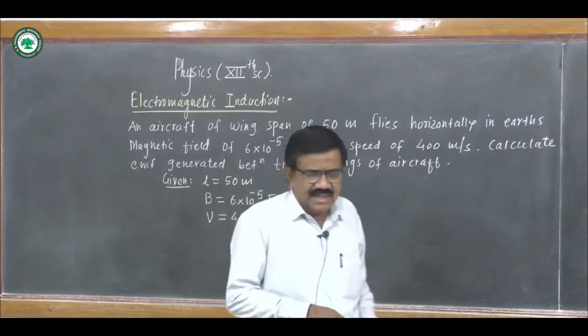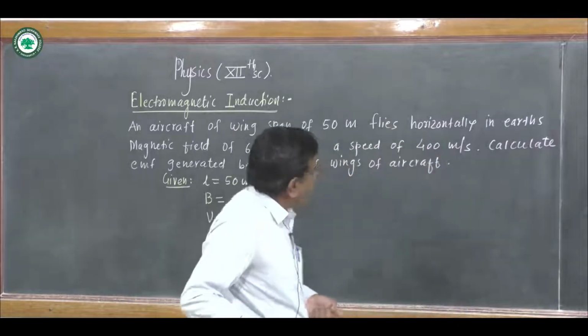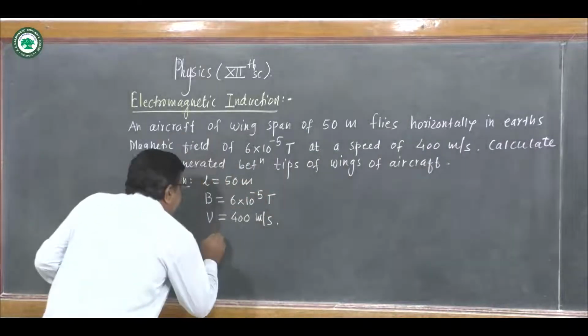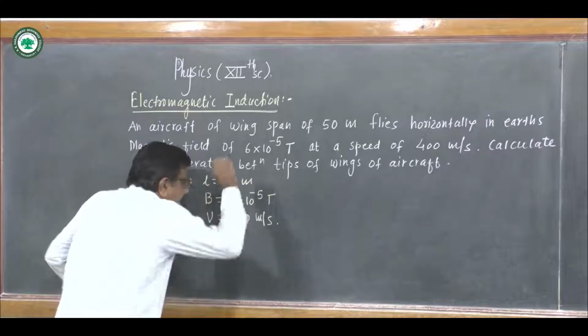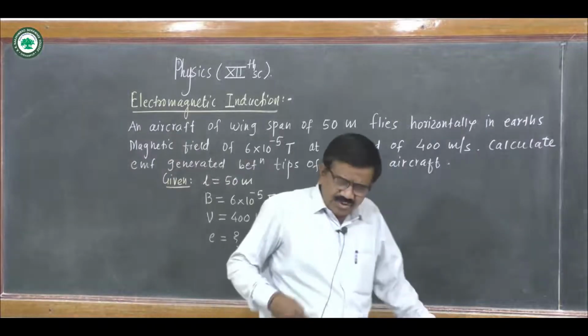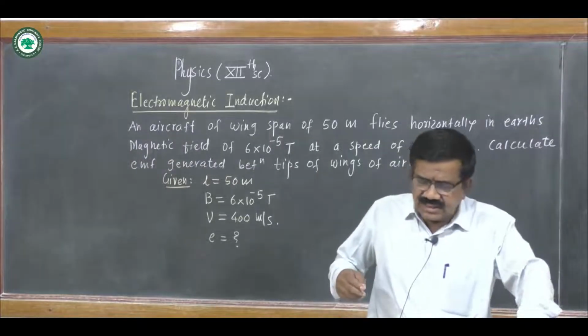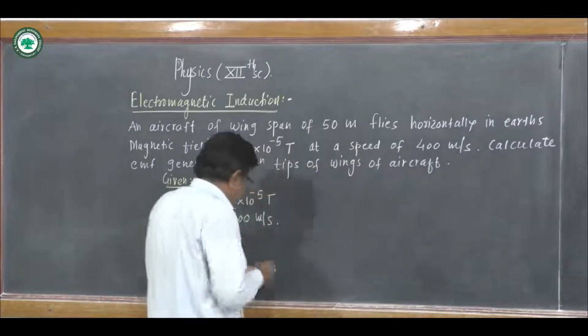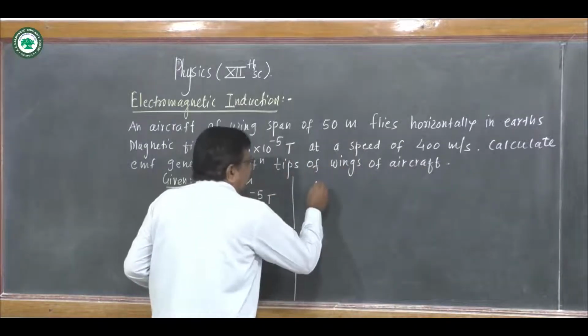B, L, V are our given data, and we have to find the EMF induced, that is E. We use the simple formula, E is equal to BLV. Formula carries half mark, you know.